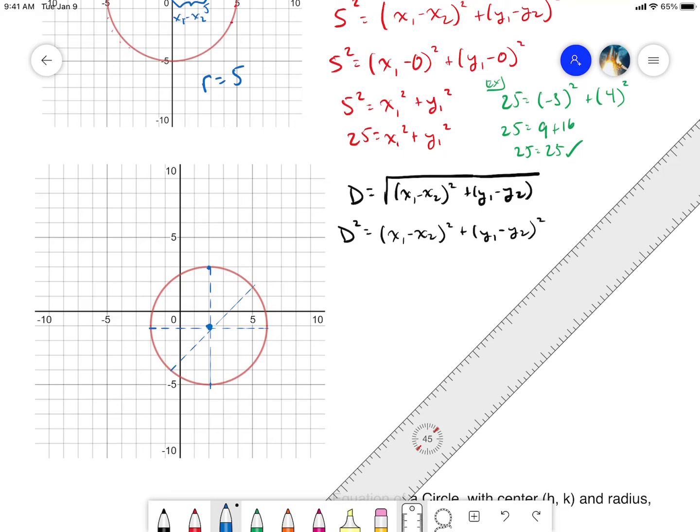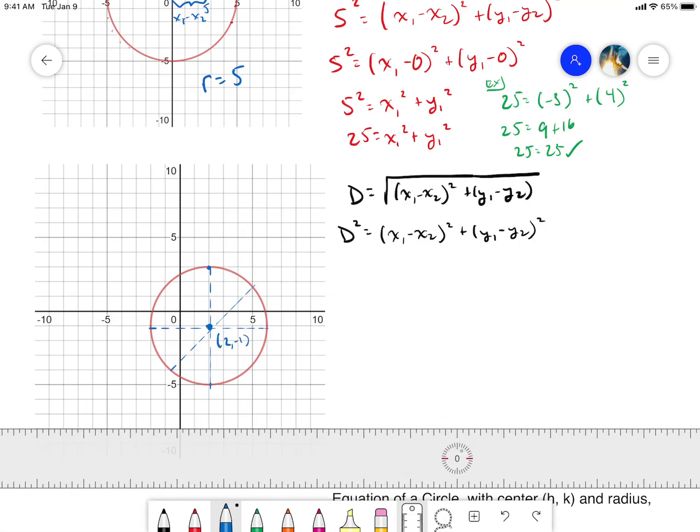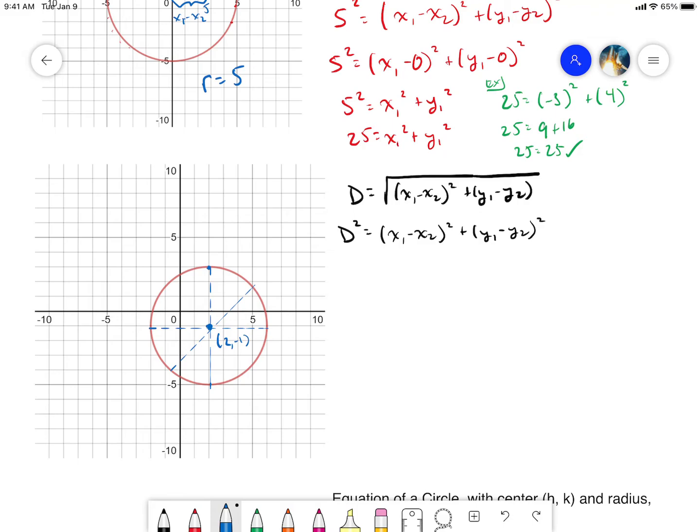And that's at point 2, -1. Now, what's the radius of this circle? Well, let's find out. I know if I move from here, and I know that this point's on here, I move up 1, 2, 3, 4.